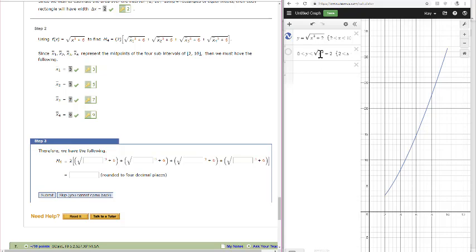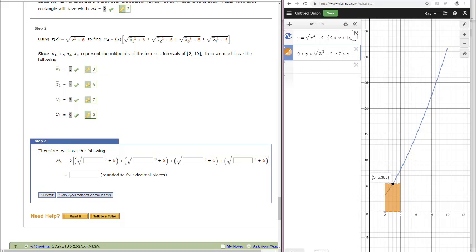So on the first one, we put the value of 3 into the function, and our interval goes from 2 to 4. This is our first rectangle that hits the graph at the midpoint. And so this is the midpoint right here.